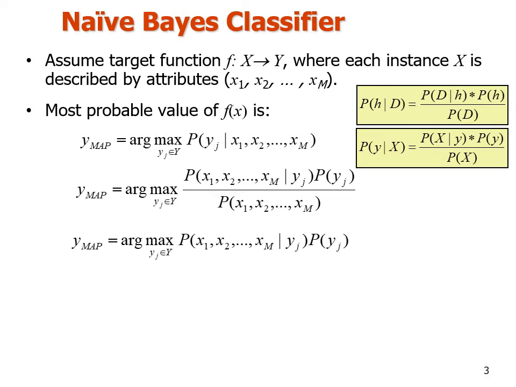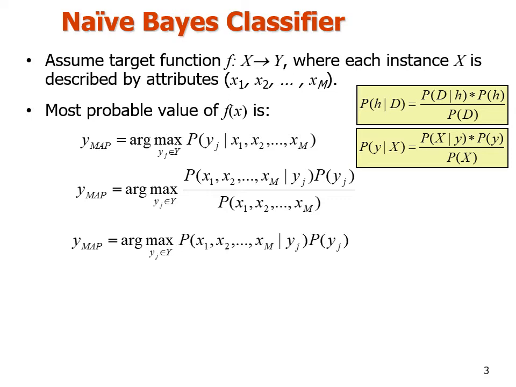As we can see in this expression, we now need to estimate two terms: probability of x1, x2 up to xm given yj for every yj, and probability of yj, based on the training data that is provided.